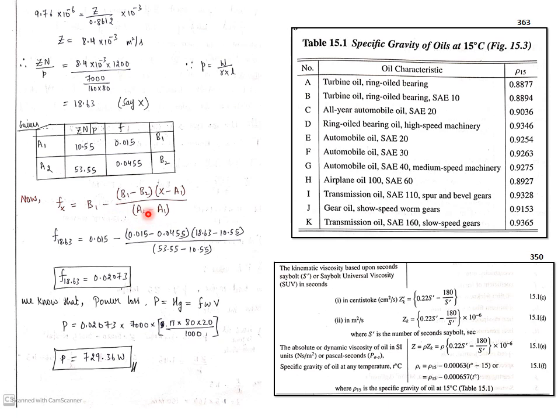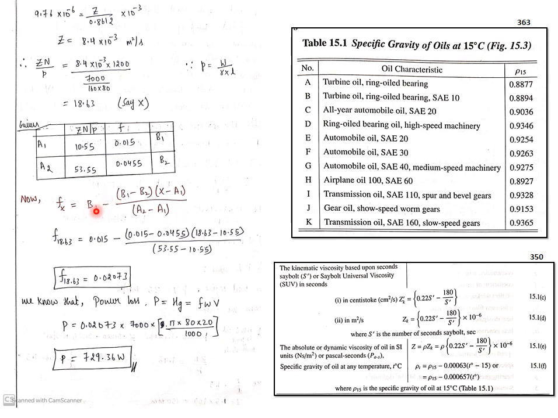It is not available in the data handbook. It is just a simple mathematical formulation that you have to remember to find f at a particular point x. It is b1 minus b2, into x minus a1, divided by a2 minus a1.